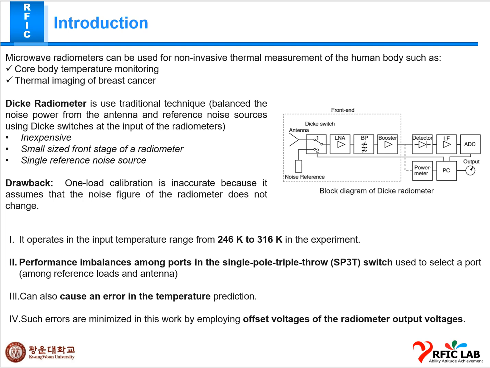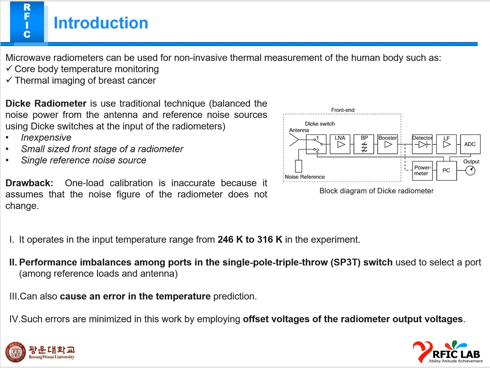Previously, in early days, they were using the Dicke radiometer, which is a traditional technique, and it has certain drawbacks also. It has certain advantages, like it is inexpensive, has a small-sized front end of the radiometer, and a single reference noise source.